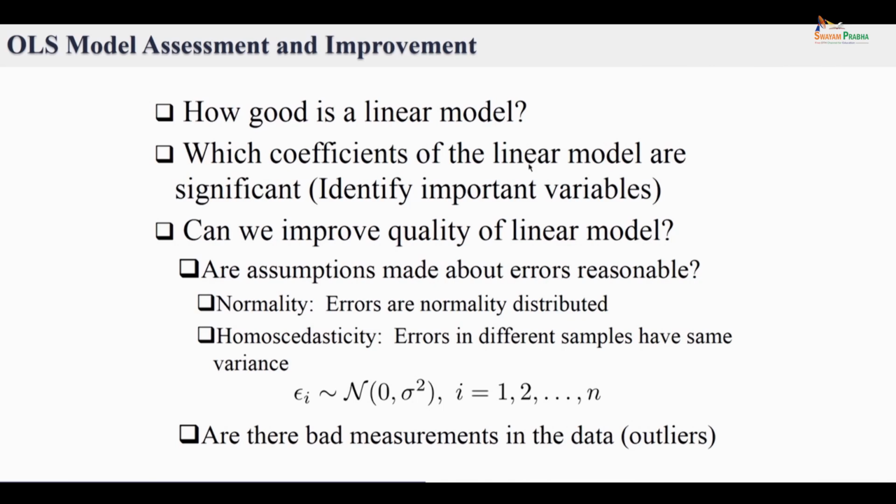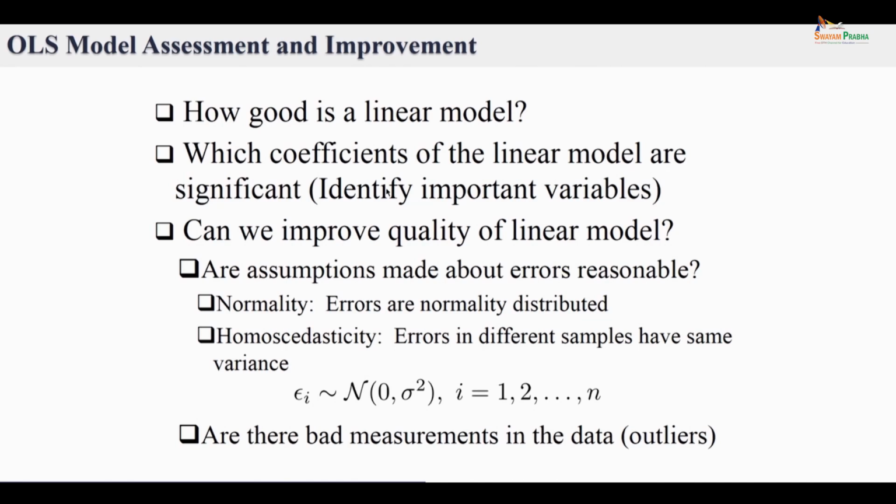When we have several independent variables in multilinear regression, we will see that it is also important to find out which variables are significant, whether we should use all the independent variables or whether we should discard some of them. So, this particular test for finding which coefficients of the linear model are significant is useful not only in the univariate case, but more useful in multilinear regression, where we want to identify important variables.